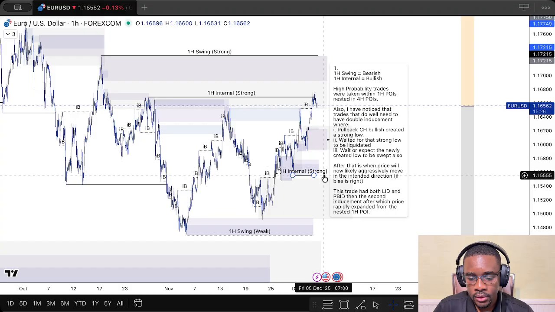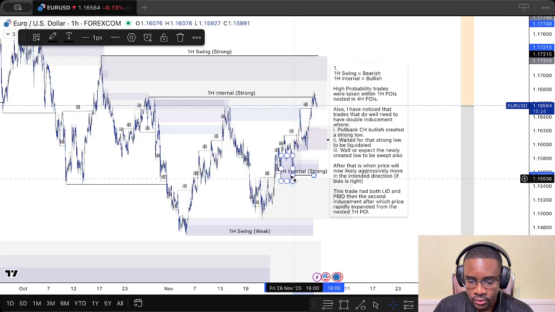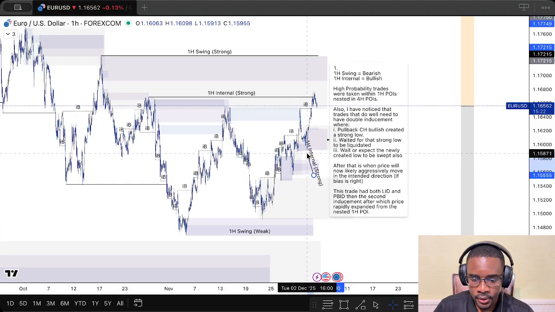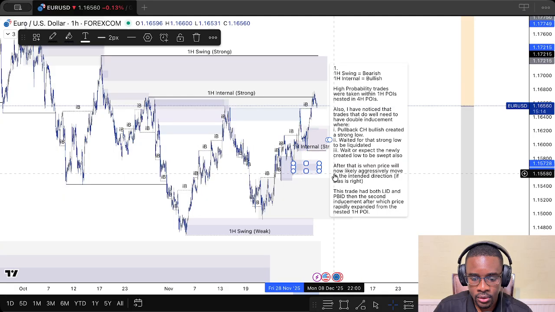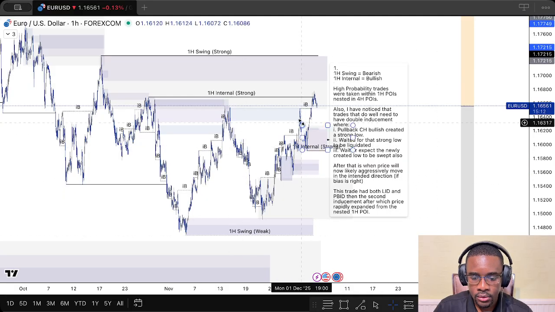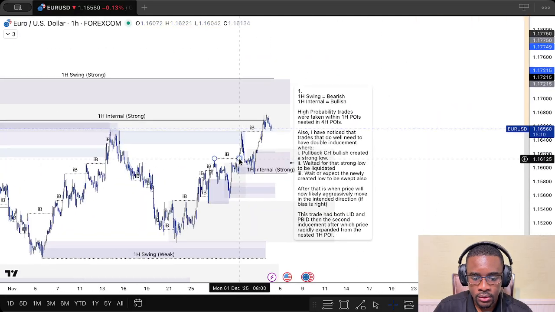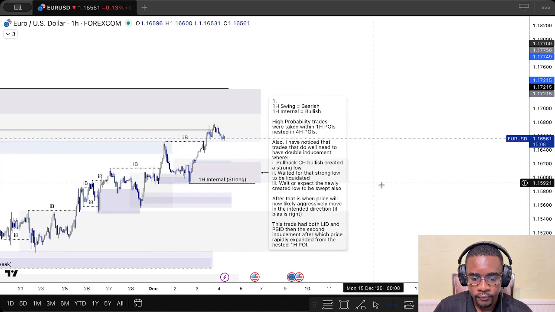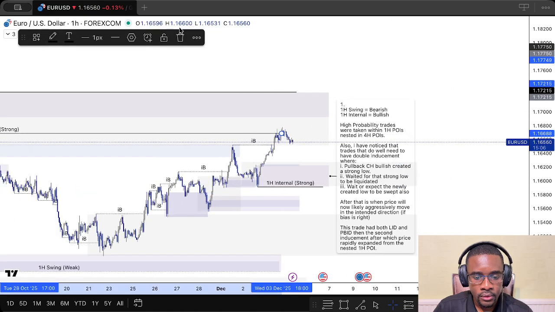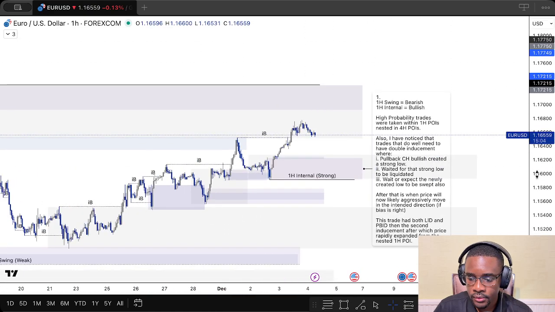Okay, so this is my current swing range. That'll be my current swing range right there. So I can then remove this.